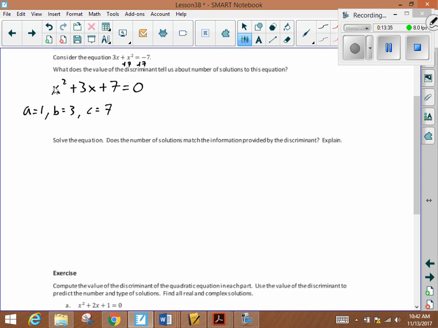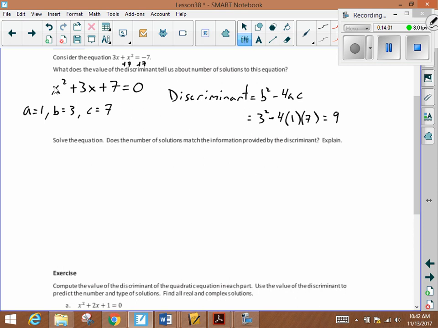All we care about is the discriminant. So our discriminant is equal to b squared minus 4ac, which is 3 squared minus 4 times 1 times 7.